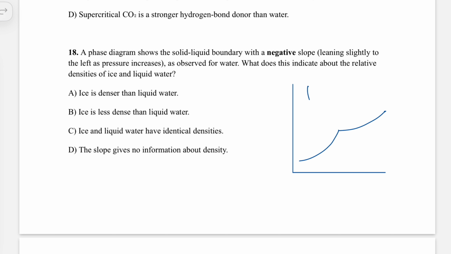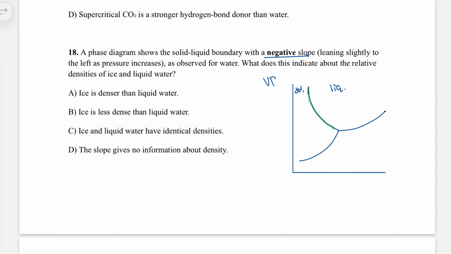Let me draw it better. Kind of like this. And then this boundary, the solid-liquid, remember solid is here, liquid is here, the boundary is a negative slope. So this is what they're talking about, over here. This is the negative slope. And they're asking, what does this indicate about the relative densities of ice and liquid water?